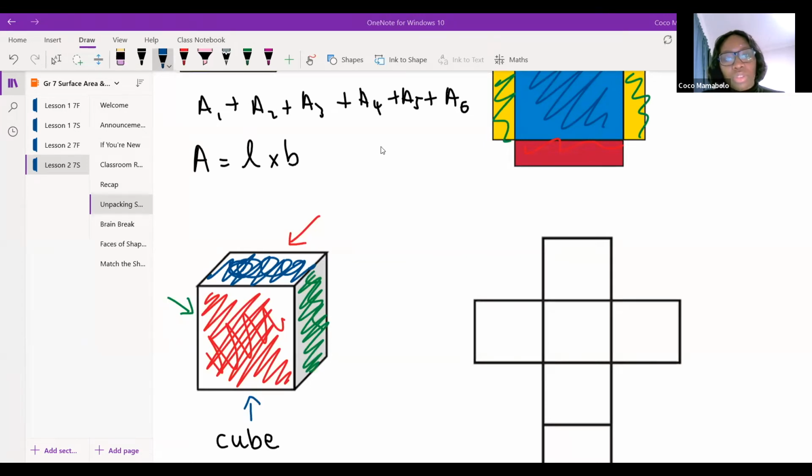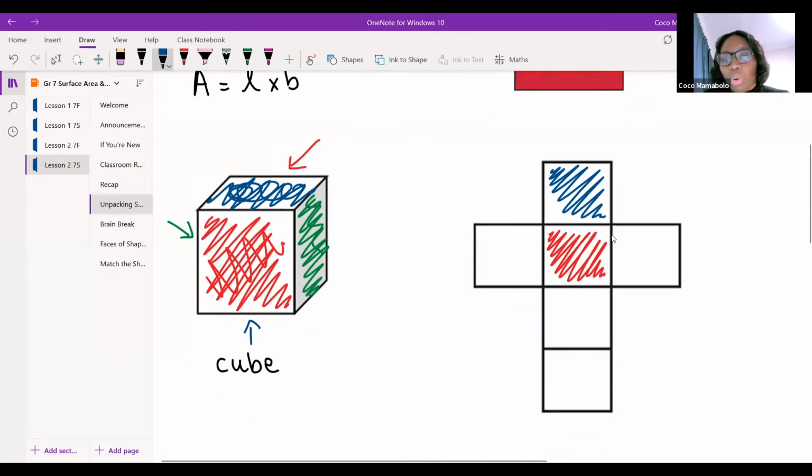So if this is my front part, this is the front of my cube, this is going to be the top of my cube. Can you guys tell me what this part of my cube is going to be? This is my front side, this is my top.